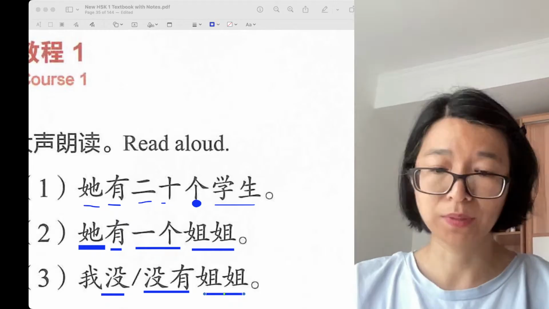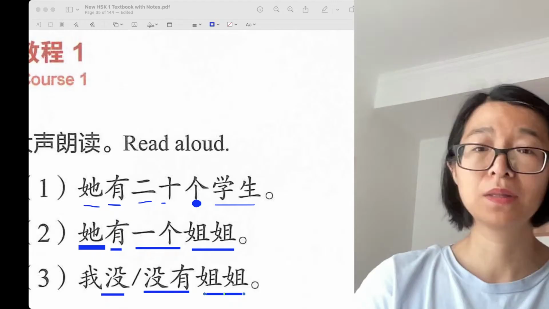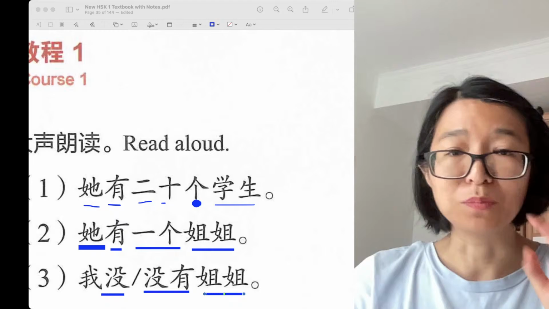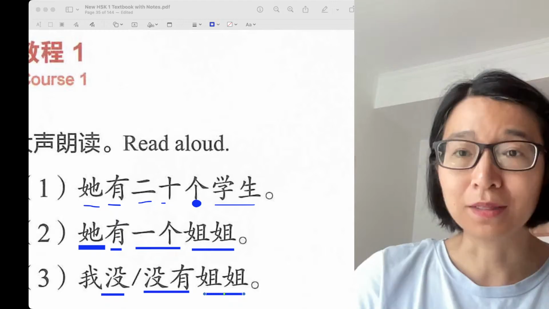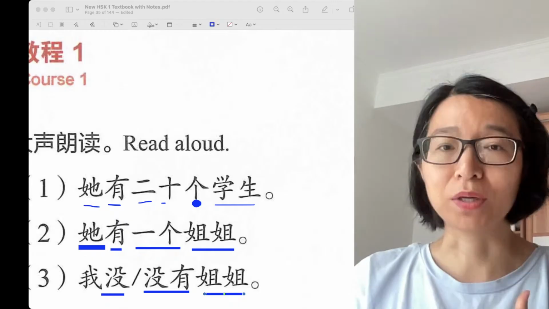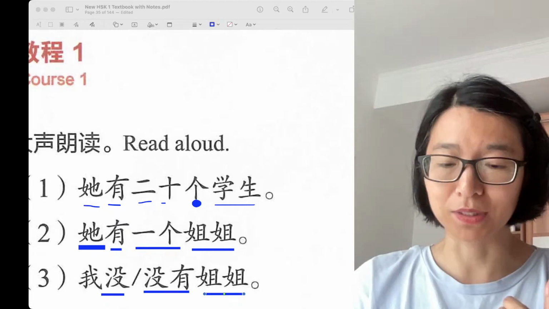我没有姐姐. Okay, great. You just read them without saying the pinyin. 真棒, 很好. Okay, one more time. Try to recognize these characters without pinyin. Read after me.